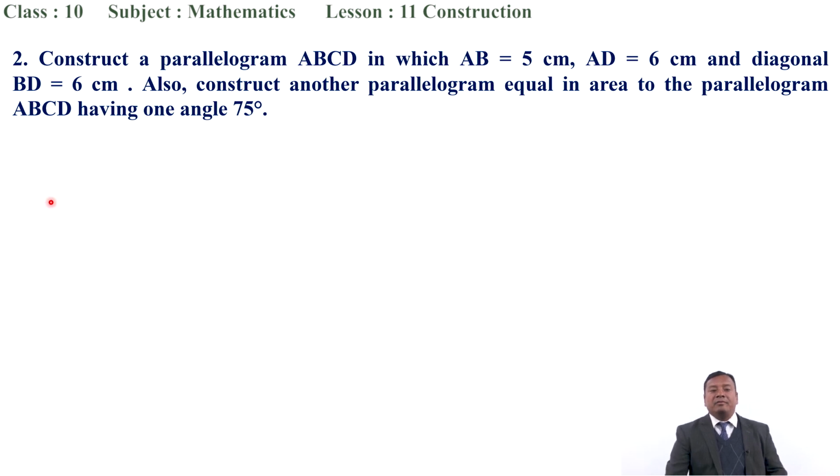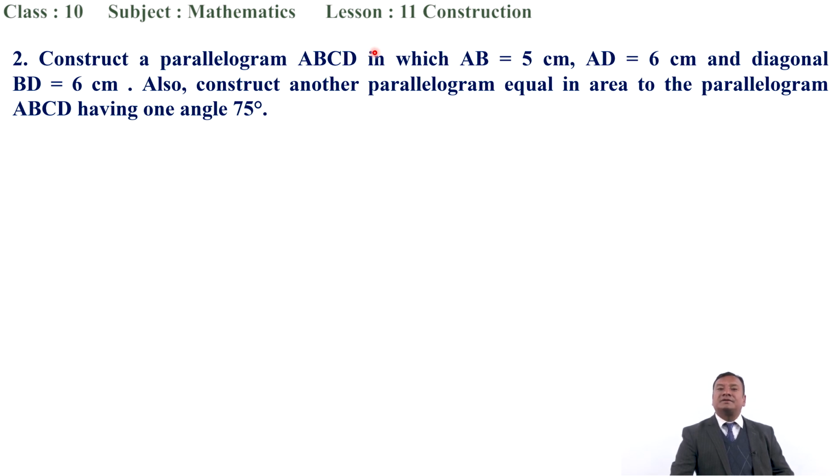And the next is, first of all we have to construct parallelogram ABCD. Here it is given that AB is 5 centimeter. The next side AD is given here, and one diagonal is given here, right? In the previous question one angle was given, but here the angle is not given, two sides and one diagonal are given.